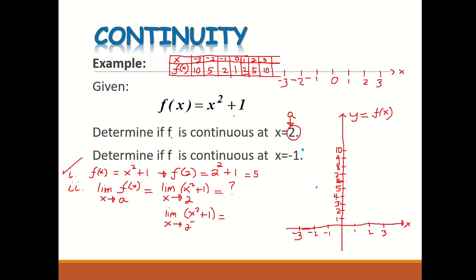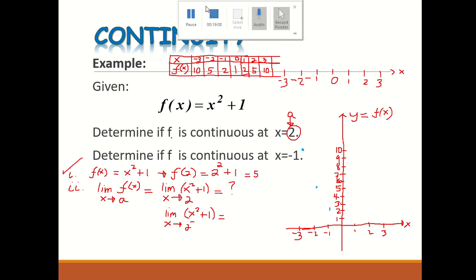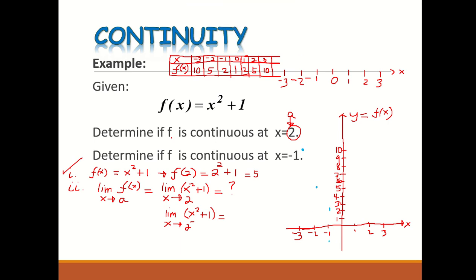When x equal to minus 1, f of x equal to 2. So it's somewhere here. Okay, so when x equal to 0, f of x equal to 1. So it means here, 0, this is origin, 0, 0. So x is 0 here, so our f of x is equal to 1. Okay, so it's at this point.